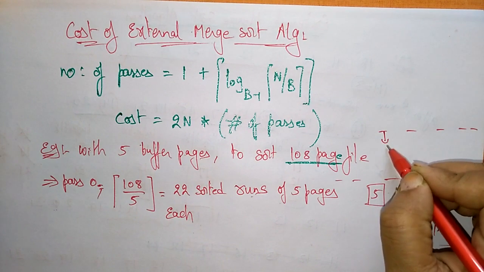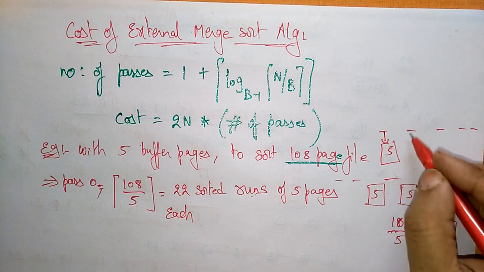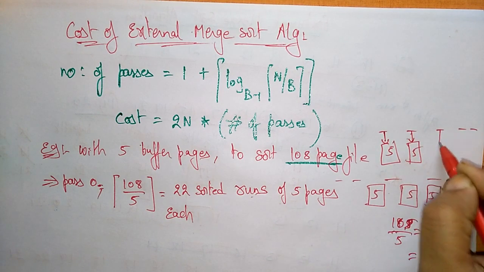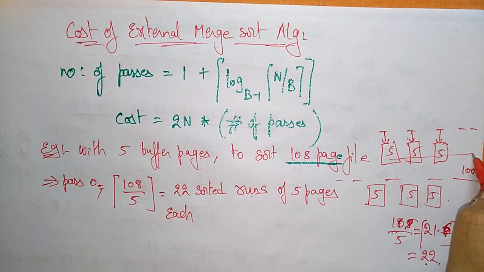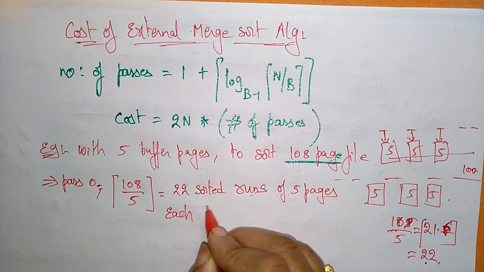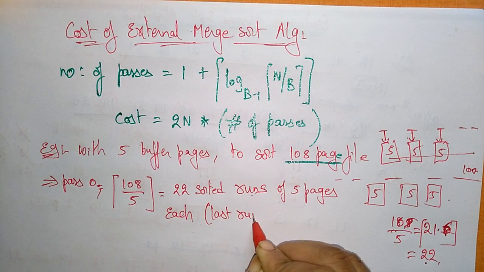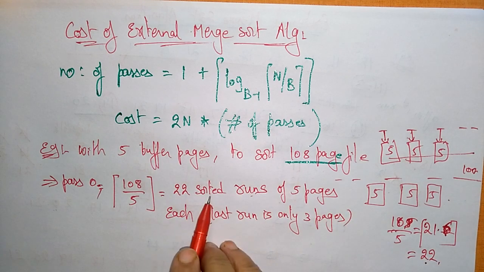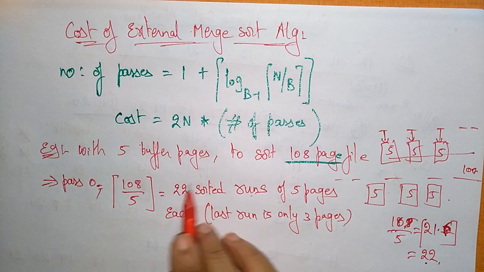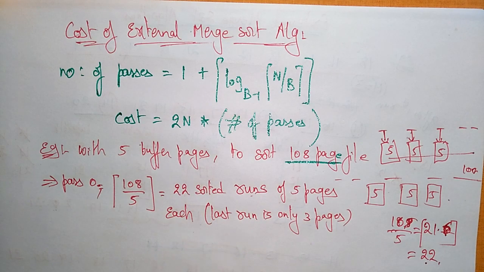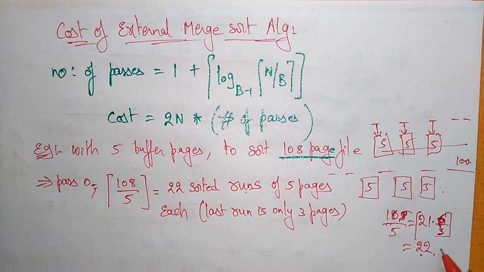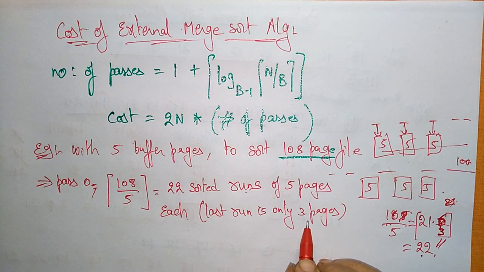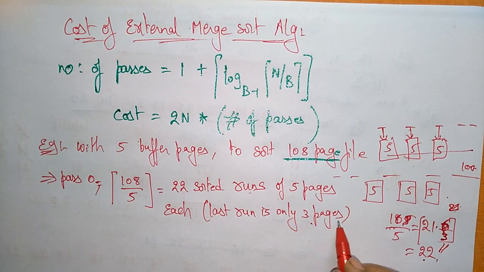After completing the 5 pages each, the remaining part is the last run, which is only 3 pages, because 21.6 means you still have to add 3 more pages to get 22.